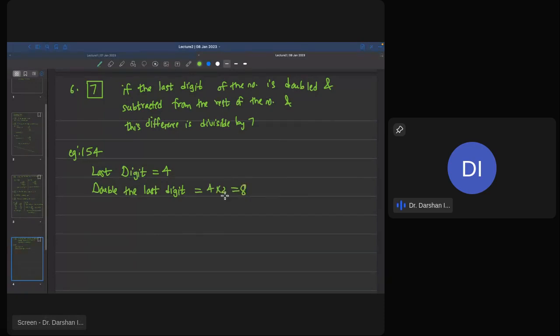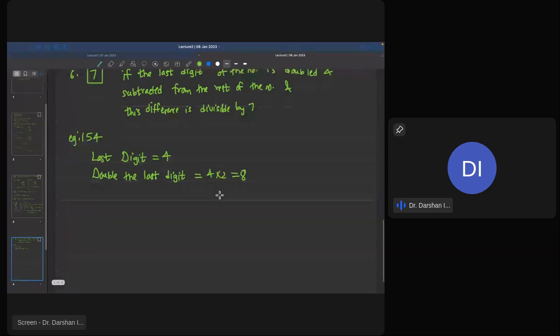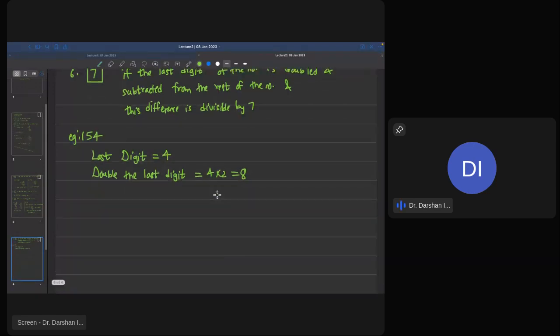What is the next thing? Then we have to subtract it from the remaining number. So see, this was the last digit and this is the remaining number, right? The remaining number is 15. So now what we do, we subtract 15 minus 8. What is 15 minus 8? 7.